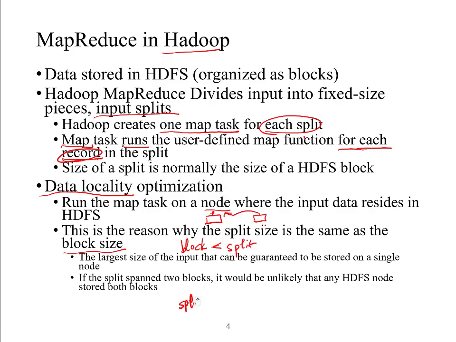On the other hand, if the split size is smaller than the block size, then what will happen? In this case, apparently we would have more nodes involved, which means more network communication between these work nodes.